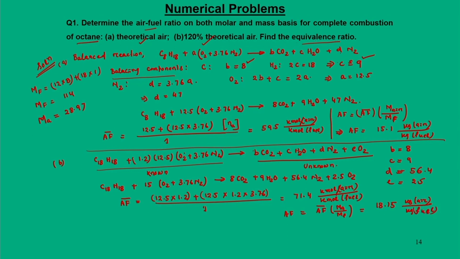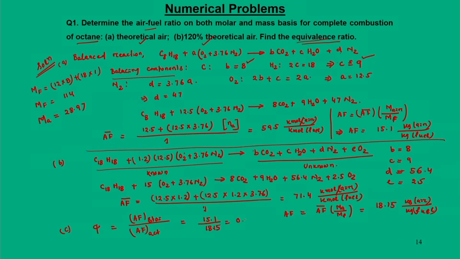Now, last parameter, what is the equivalence ratio? So, equivalence ratio phi we can write is AF stoichiometric divided by air fuel ratio of actual. Both the numbers we know, stoichiometric value is 15.1 divided by 18.15.